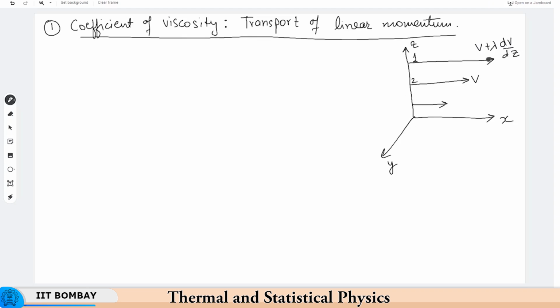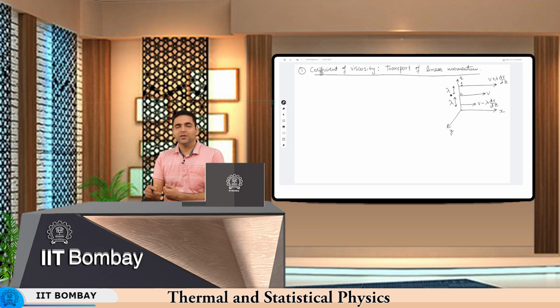So, the speed of molecules in this plane is slightly greater than v, and the coefficient that comes in front of this term is the mean free path, right. And similarly, let us assume the molecules moving in this plane are moving slightly slower, right. And typically these planes are separated by a distance lambda, right. And remember what lambda is? Lambda is the mean free path, right.